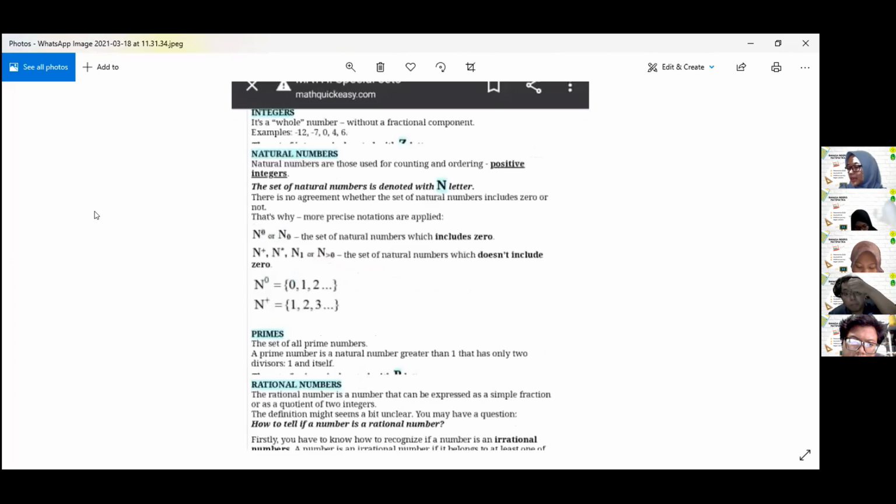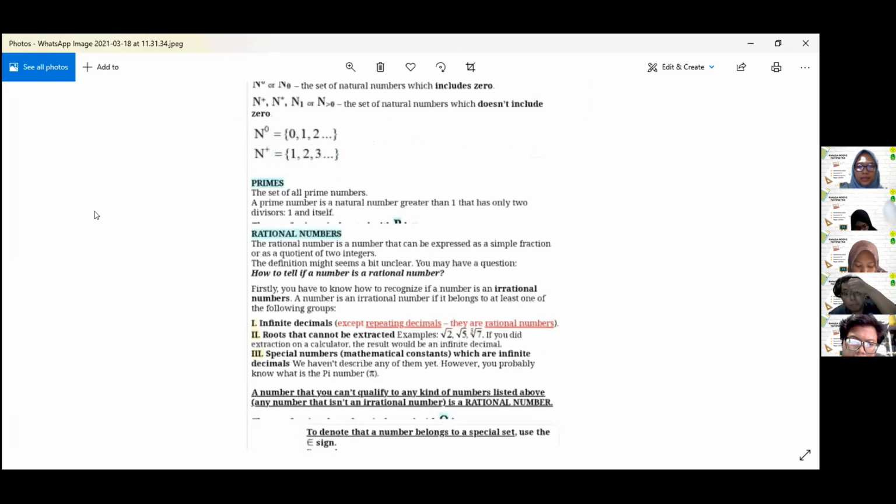You can read in this slide. There is also primes, the set of prime numbers, with its elements. Is that P?